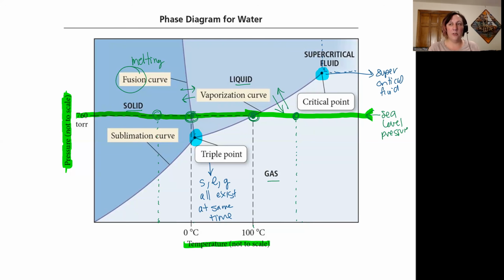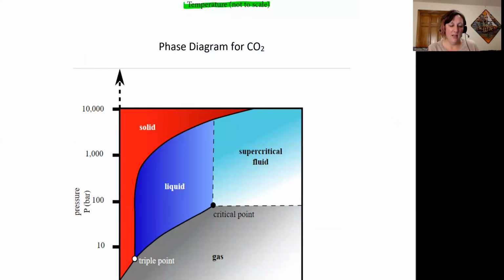A supercritical fluid is something that has properties of both a liquid and a gas at the same time. It's not plasma, that's something totally different. It's not one or the other, it's both, and it's at the same time. It's super weird. And this is it for water, but let's look at carbon dioxide.